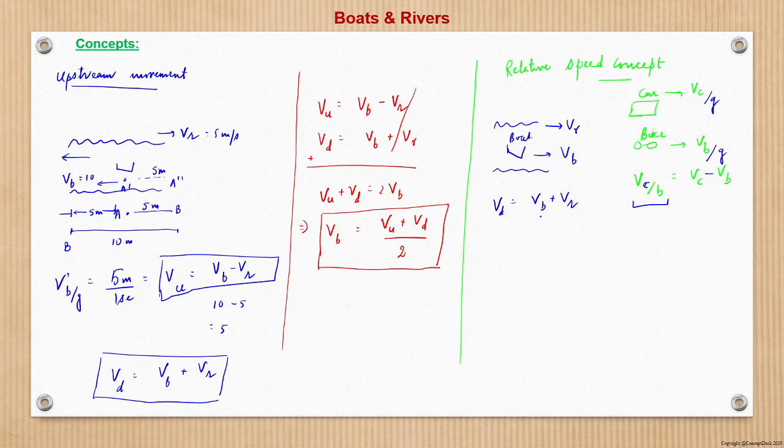What is here? Here we have been given this VB, which is nothing but the relative speed. So basically this VB is nothing but velocity of boat with respect to river, right? So if that is the case, then what will be the velocity of boat with respect to ground?